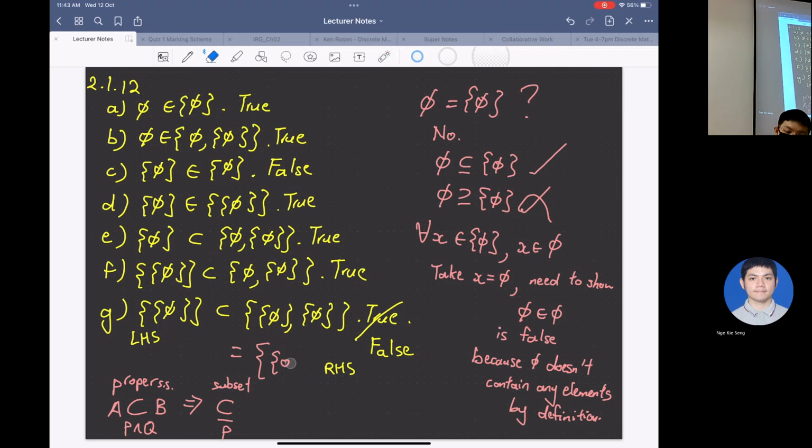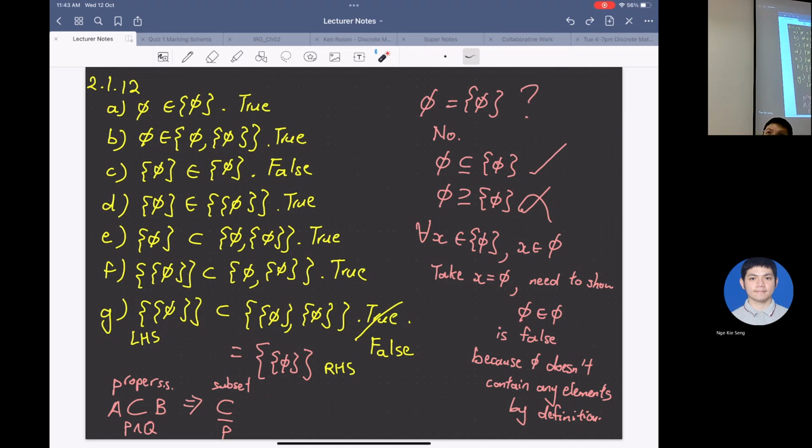You need to find something in the right hand side which is not in the left hand side. But you can't find it. And you cannot say larger.